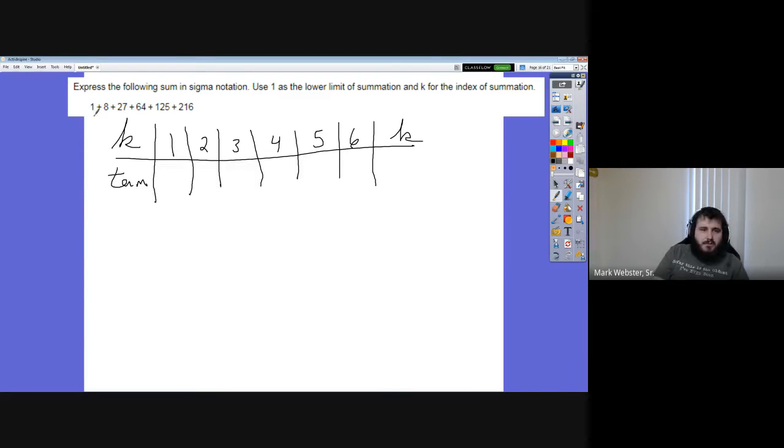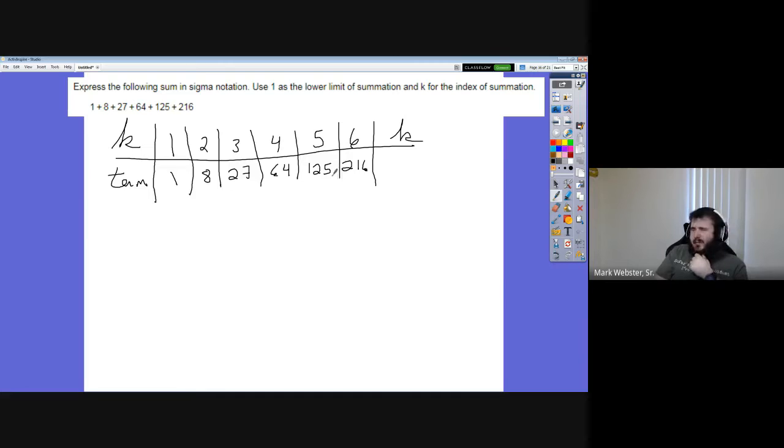So our first term is 1. Well, that's nice. Maybe it'll just be k again. Our second term, 8. Okay, well, now they're different. So now I've got to figure out, okay, how does 1 turn into 1? How does 2 turn into 8? How does 3 turn into 27? How does 4 turn into 64? How does 5 turn into 125? How does 6 turn into 216?